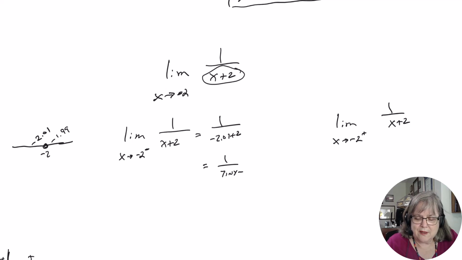Let's go back and see the other videos where we talk about infinities. Any number divided by a little tiny negative number that keeps getting littler and littler is going to be negative infinity.